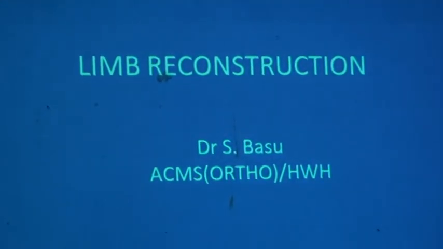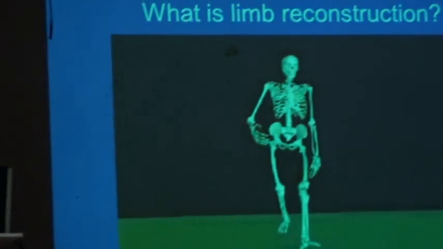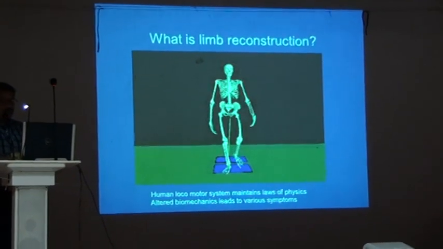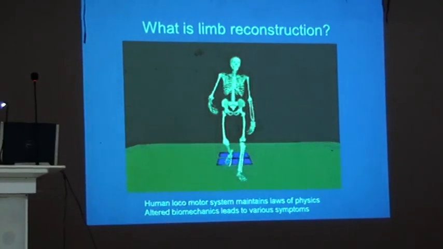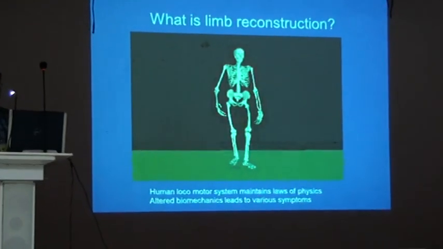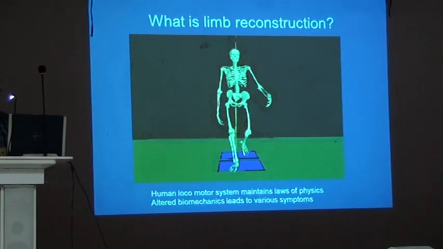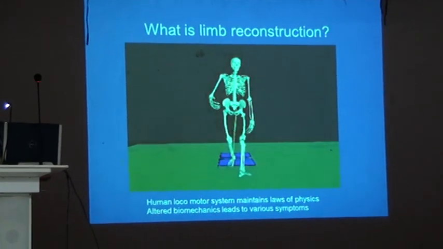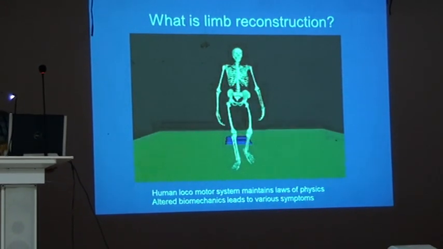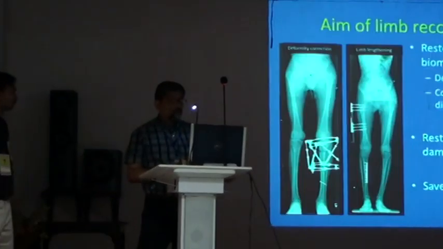So what is limb reconstruction? The human locomotor system maintains the laws of physics. So if there is any problem in this system, like deformity, length discrepancy, or any problem in between the system, there is altered biomechanics, and this leads to various symptoms.